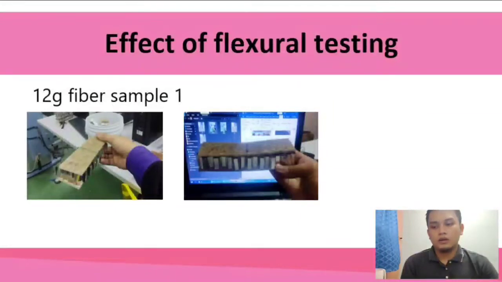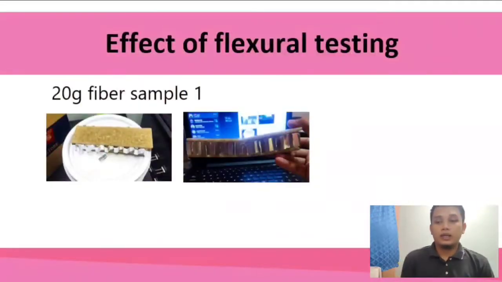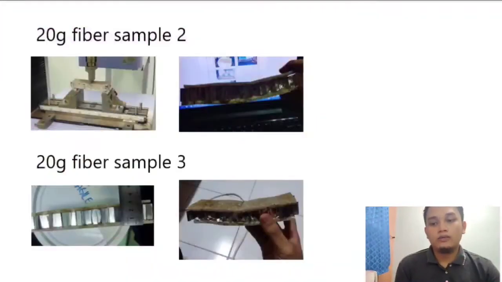The second and third samples also break at the top part of the resin. And lastly, for the effect of flexural testing for the 20-gram fiber, sample 1 breaks at the top of the resin. Meanwhile, the second and third samples break at both top and bottom parts of the resin.